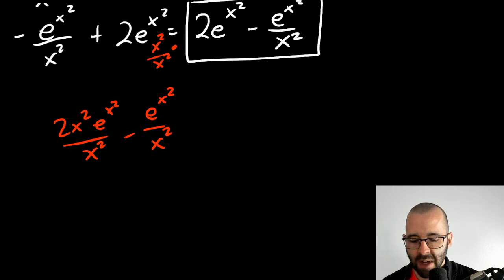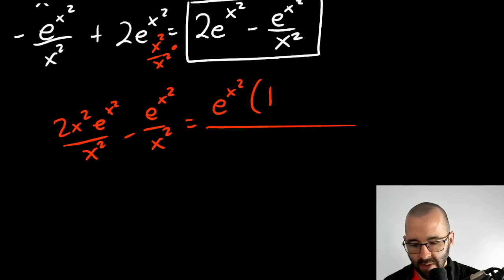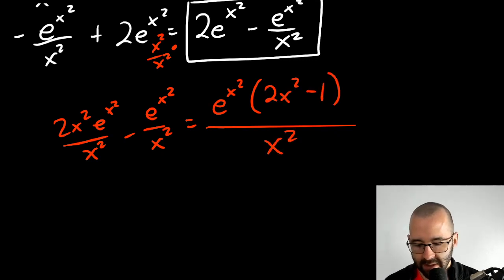And then they would combine these fractions and factor out an e to the x squared. So the book could write it in a couple of different ways, but it would be like 2x squared minus 1 over x squared, I believe. I didn't make a silly mistake.